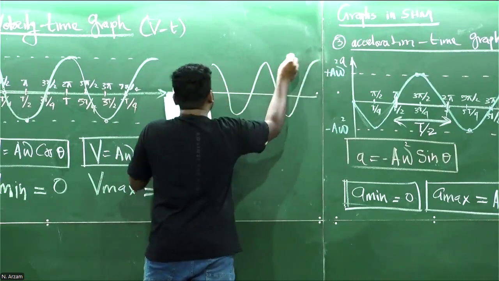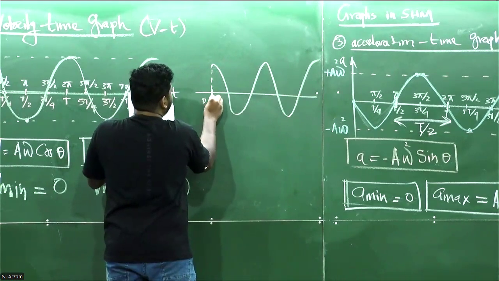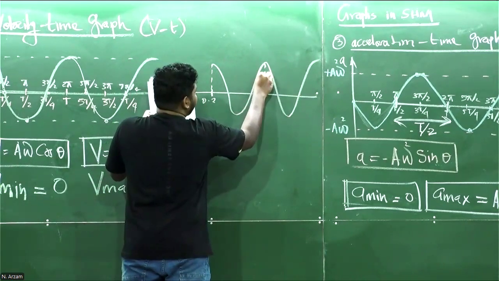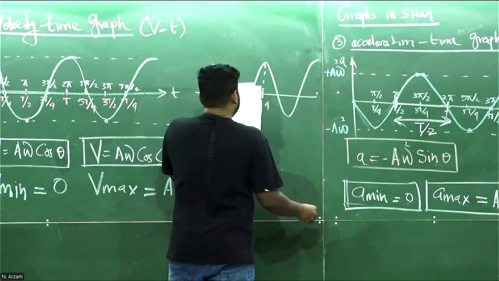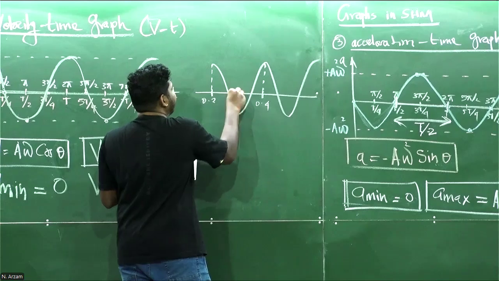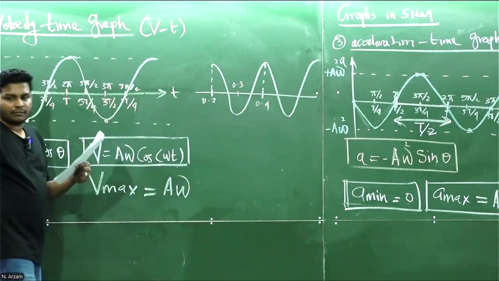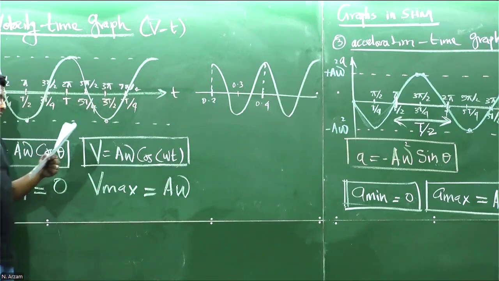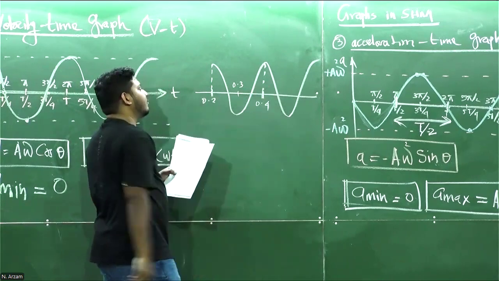The graph looks like this. No, this is 0.2, guys. This point is 0.2, and this is 0.4. So the center here is 0.3. Mark it like this. This point is 0.2. This point is 0.4.